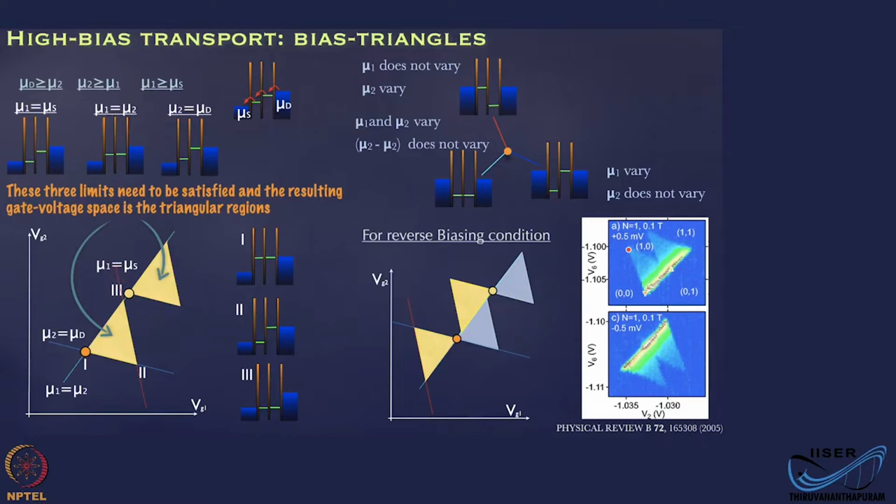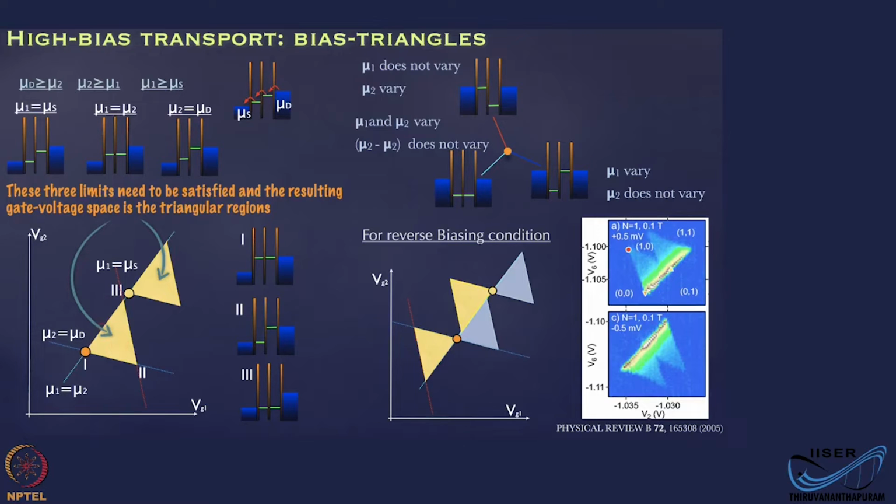So now we have two conditions: area above this, area left of this line, and now the third condition is mu1 equal to mu2. The moment mu1 is greater than mu2, the transport is going to get blocked again, because dot 2 will be blockaded, no transport will happen. That means mu2 should be, the gate should be more negative or less positive.